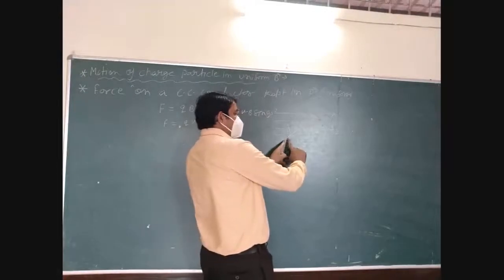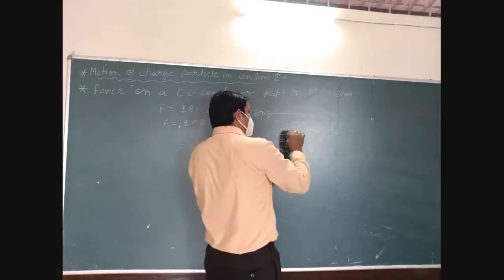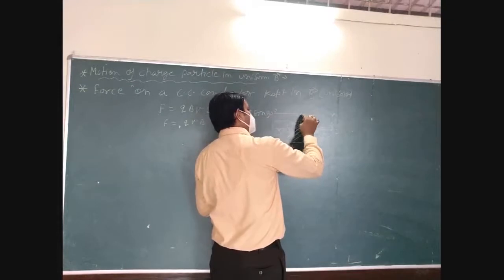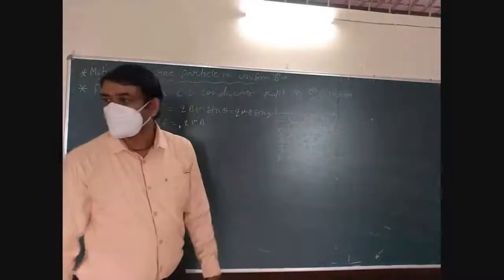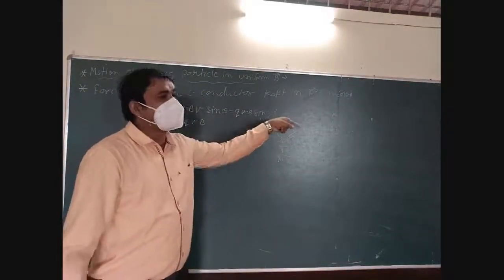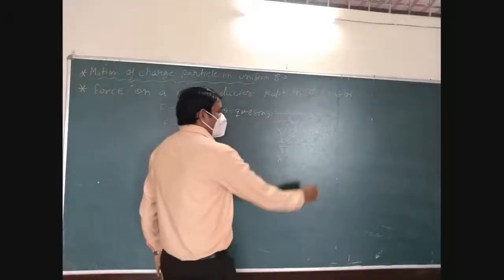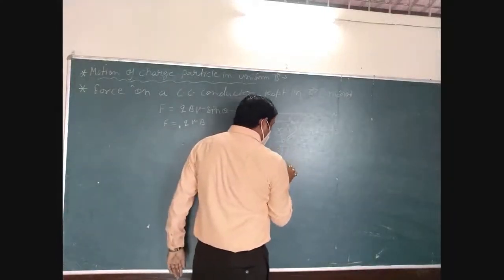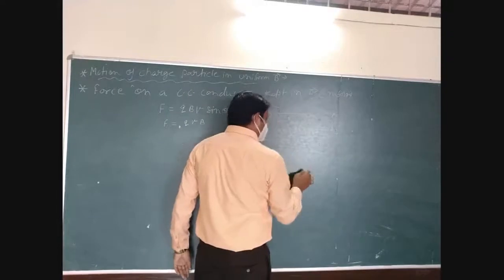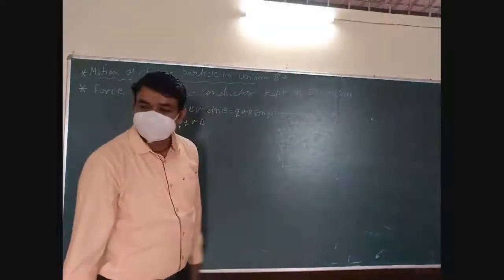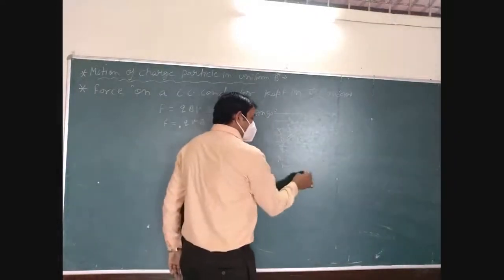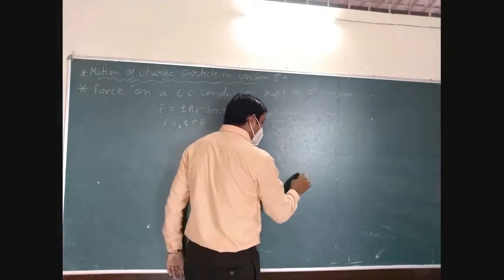Now for this situation from A to B, the length of this coil is L, which is the total distance traveled by the charge. Let's say from here to here, the total length covered by the charge is L, with the velocity v in time t.